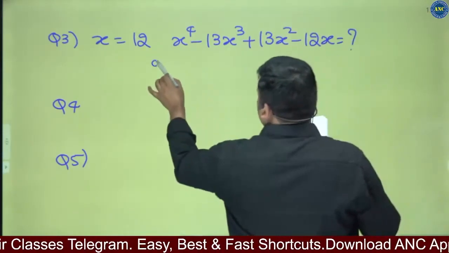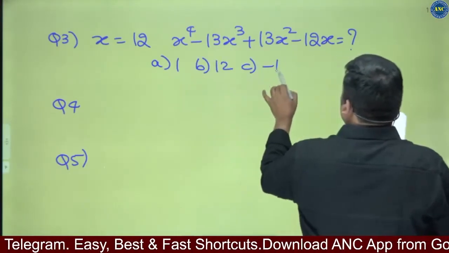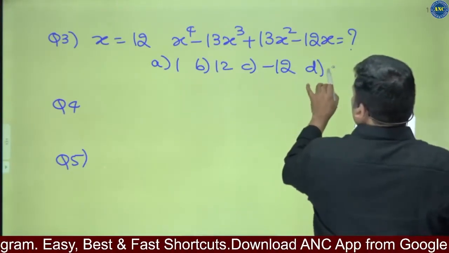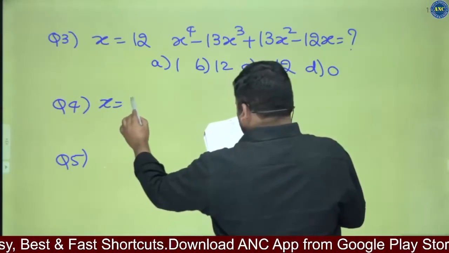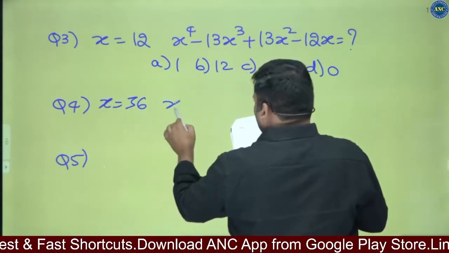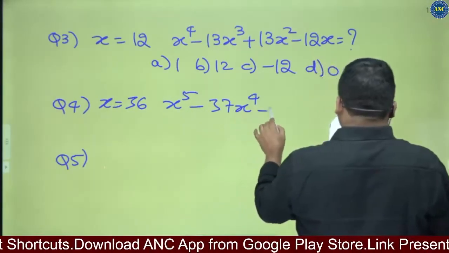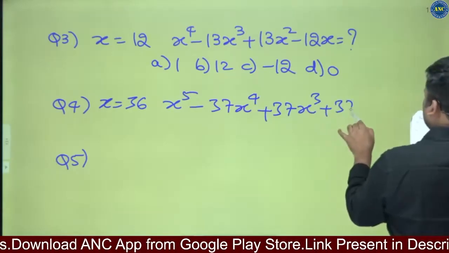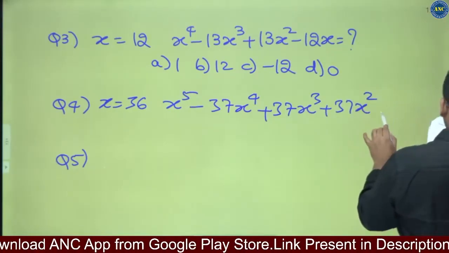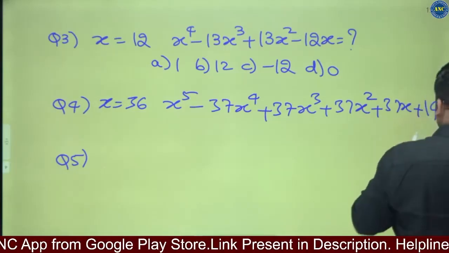Options are 1, 12, minus 12, 0. Question number 4. X equivalent to 36. X power 5 minus 37x power 4 plus 37x cube plus 37x square plus 37x plus 14.